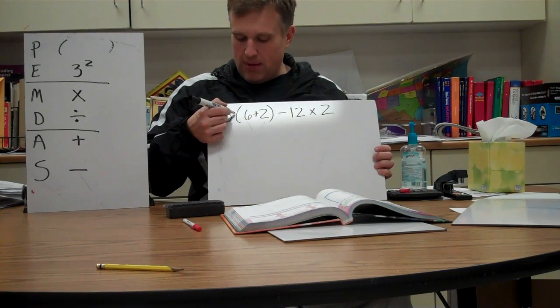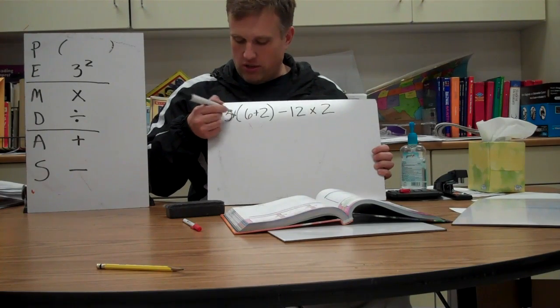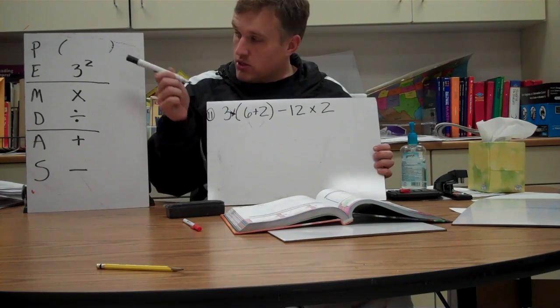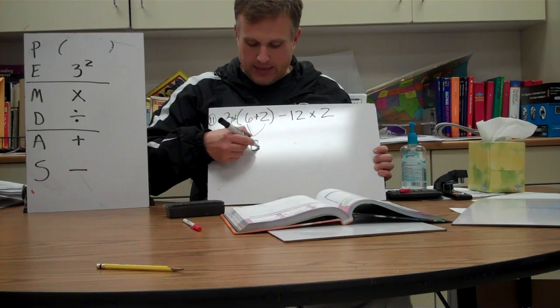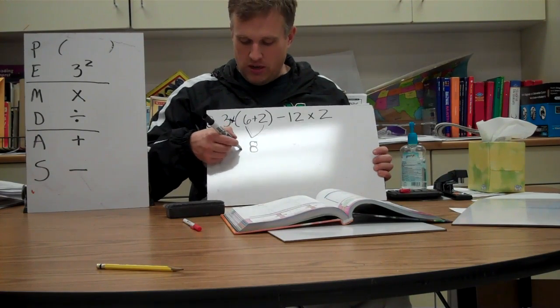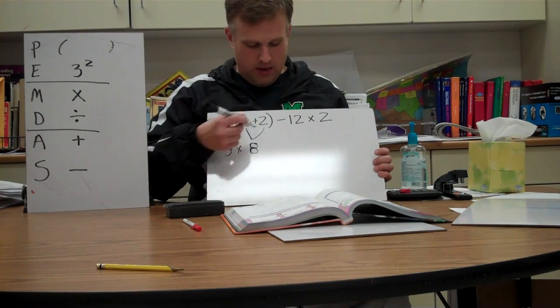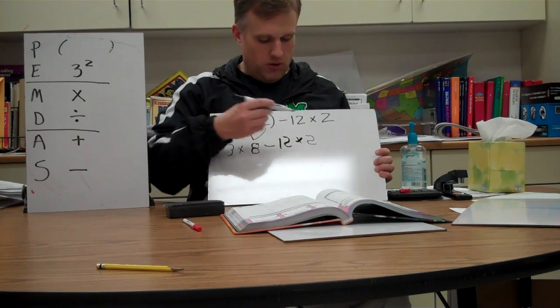So when you have this number right by this parentheses with nothing by it, it's the same thing as multiplication. Okay? So still, I'm going to start off with my parentheses, 6 plus 2, and that gives me 8. So then I'm going to rewrite my problem. Remember, that's the same thing as multiplication. 3 minus 12 times 2.